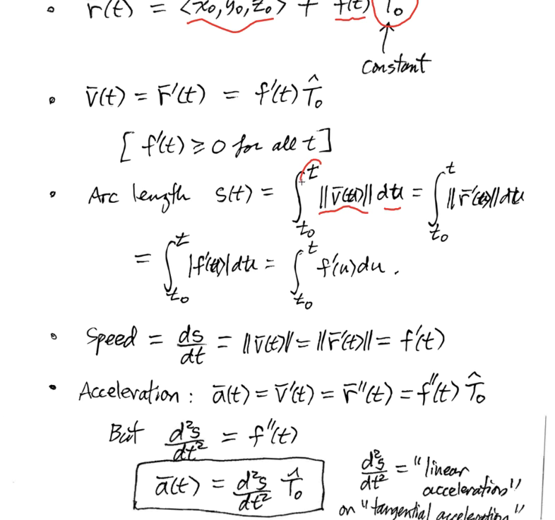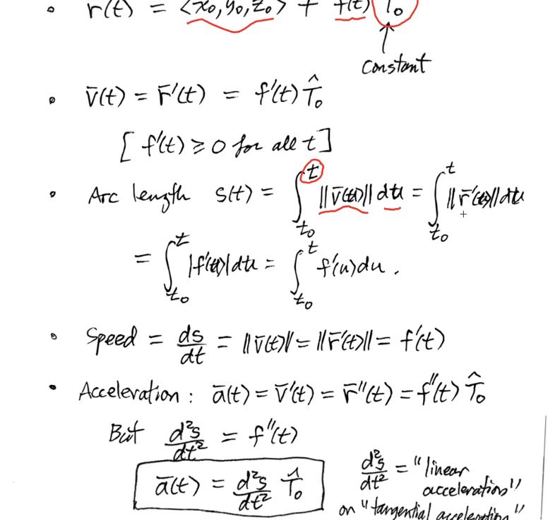So you see in this expression here, the upper limit of integration is the actual variable defining this function s of t. u here is just an integration variable.